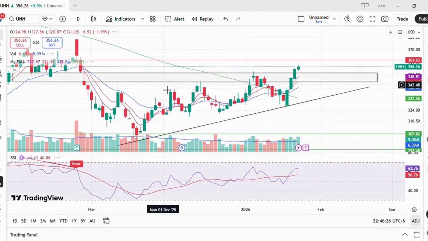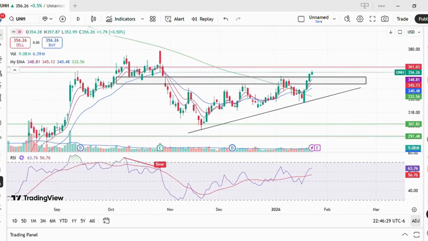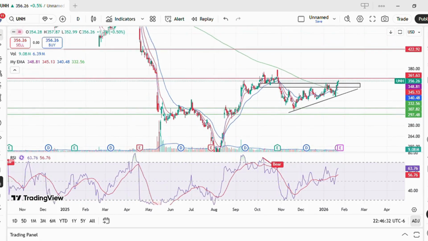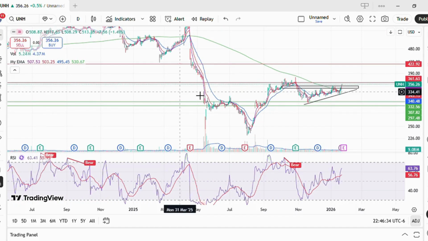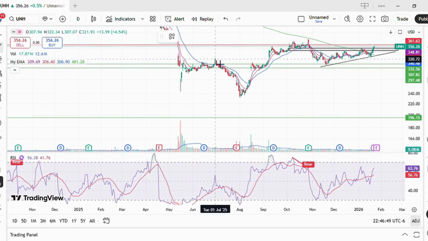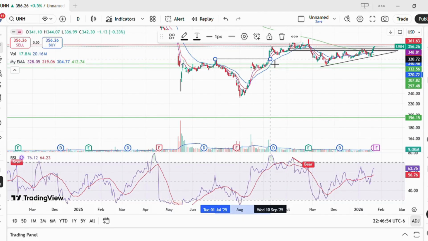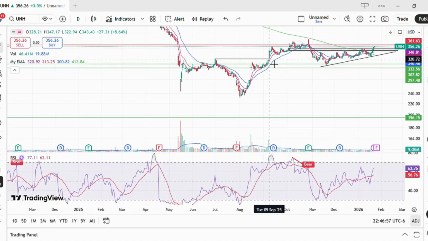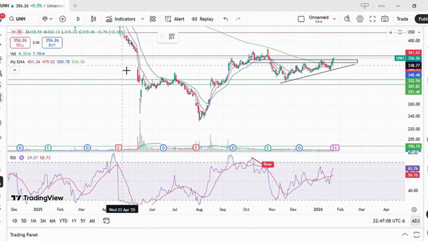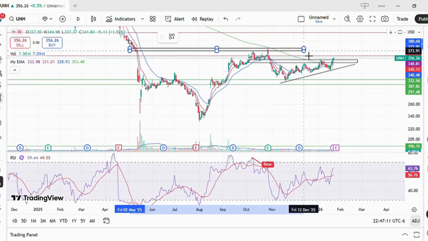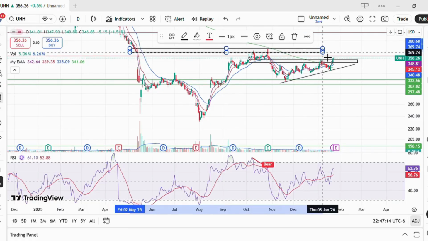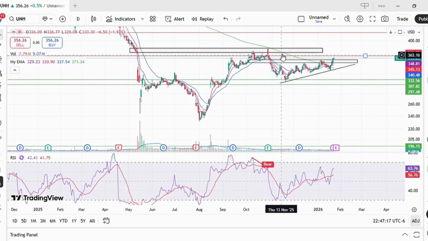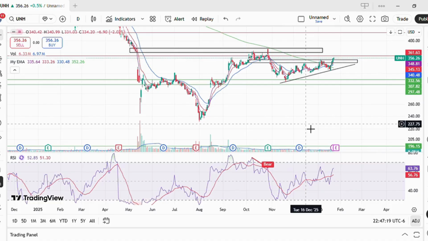Looking at UNH, United Health Group. After this big drop, we saw a change of character, breaking above this lower high. And price reacted at this supply zone, but it did not form any lower low.